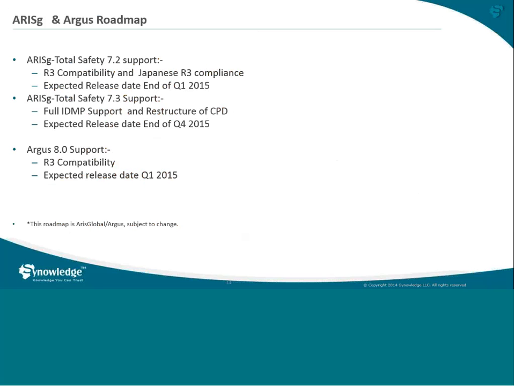The 7.3, which is expected by the end of 2015, will have IDMP support, and the company product dictionary will also be restructured in accordance with IDMP. As per Oracle, Argus 8.0, which is expected by the first week of April, is R3 compatible. However, we couldn't get much information regarding IDMP support and modification of their product library, how they are going to support IDMP. This information was not available with Oracle as of now.